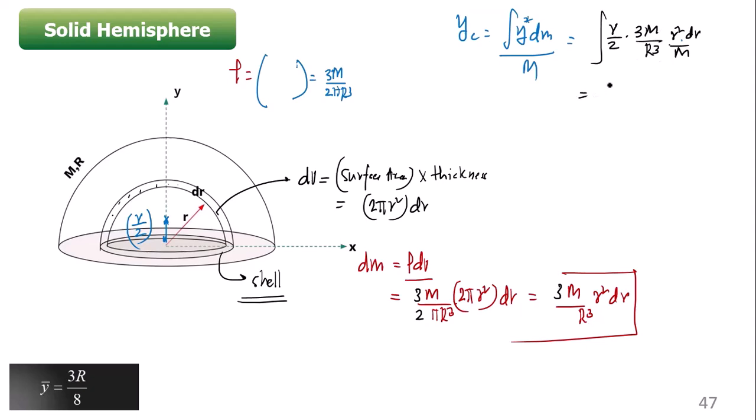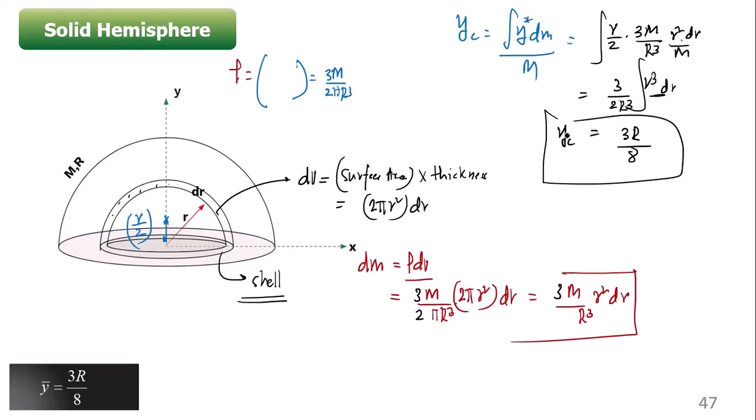We are left with 3 by 2 R cube times the integration of r cube dr. r cube means r to the power 4 by 4. That means I am getting 3R by 8. That is the y coordinate of the center of mass.